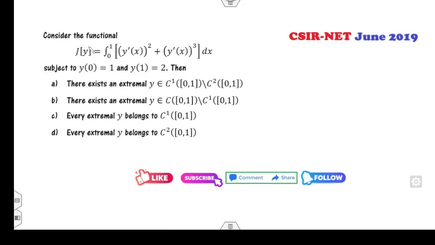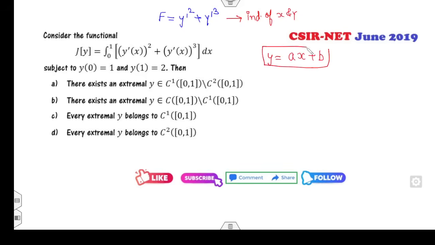Okay, look at this another one. What is your f? f is y dash square plus y dash cube. Clearly say the function is independent of x and y. So what is your solution? ax plus b. Fine. Now what is C1? C1 means one time continuously differentiable function. C2 means two times continuously differentiable function.